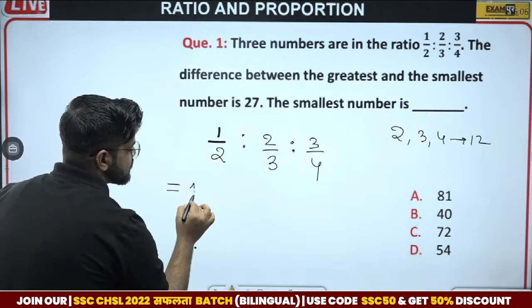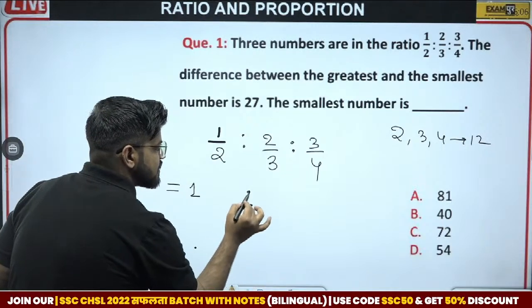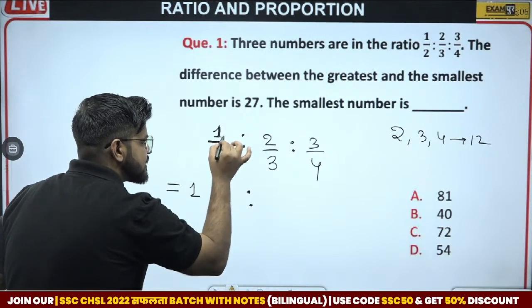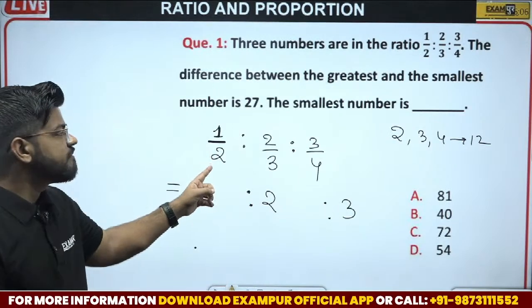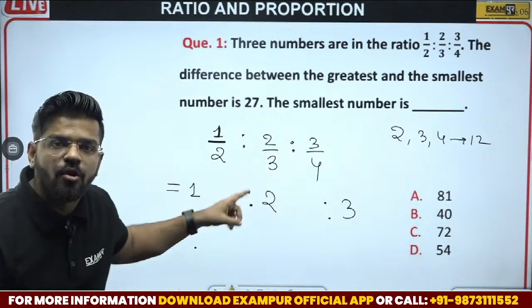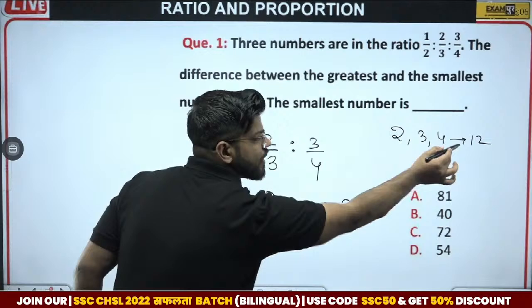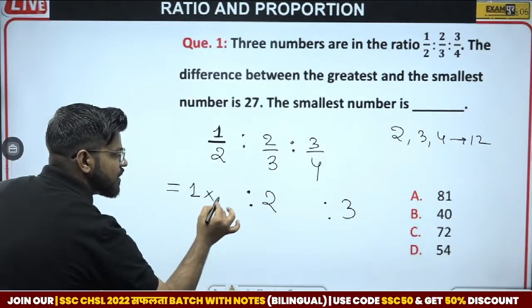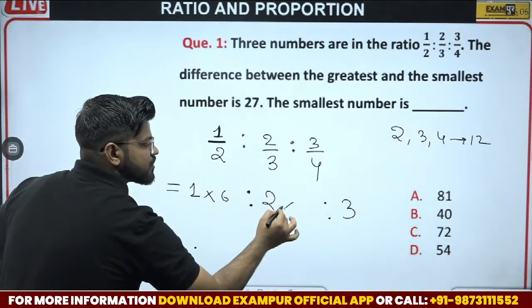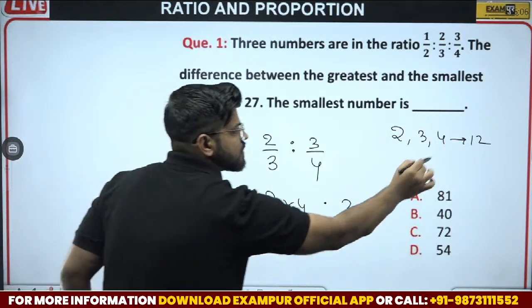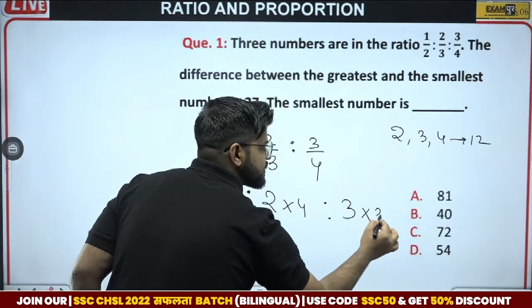Or the second method is to write the denominator as it is, write the numerators as it is, and now divide that LCM by the denominators. 12 divided by 2 is 6, so multiply by 6. 12 divided by 3 is 4, so multiply by 4. 12 divided by 4 is 3, so multiply by 3.